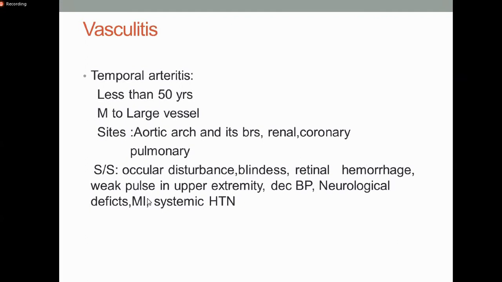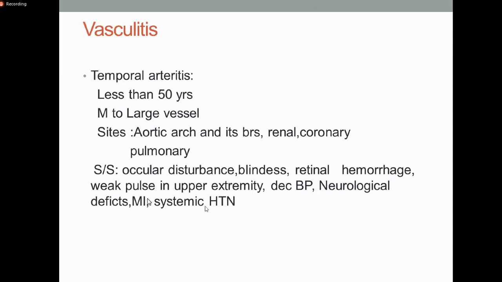The second type is Takayasu arteritis. This is seen in people less than 50 years. Medium to large vessel calibers are affected. So the prominent sites which are affected are the aortic arch, its branches, and the renal, aortic, and pulmonary arteries. The signs and symptoms, as I told you, depend on the area supplied by the vessel, like ocular disturbance if this involves the ophthalmic artery, blindness, retinal hemorrhage, weak pulse in the upper extremity, decreased blood pressure, neurological deficit, and myocardial infarction if it involves the heart, aorta, and main branches.